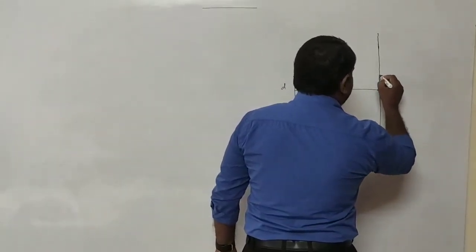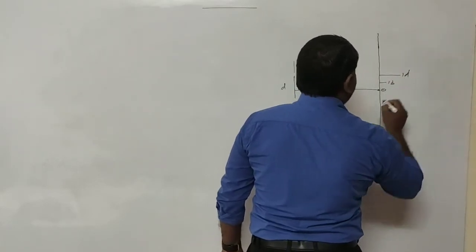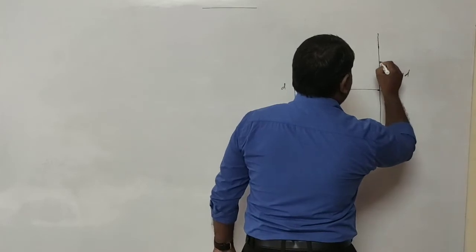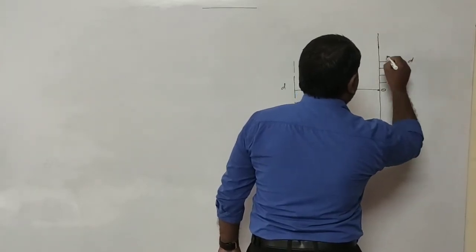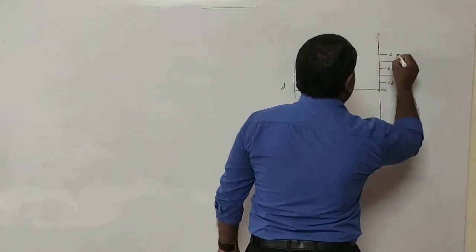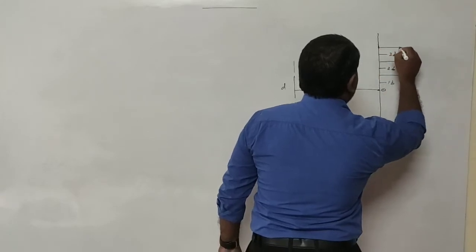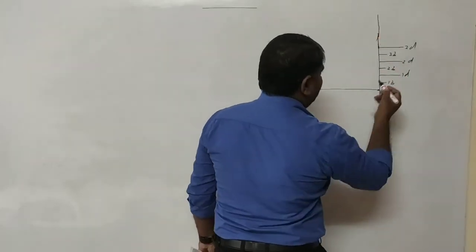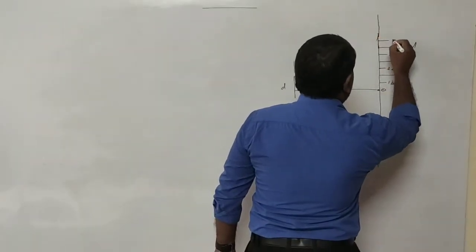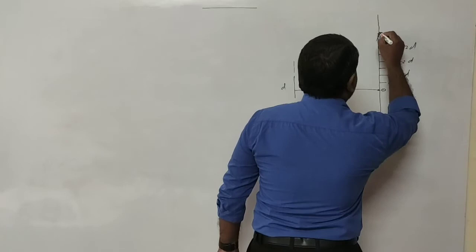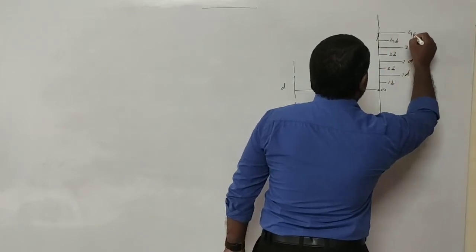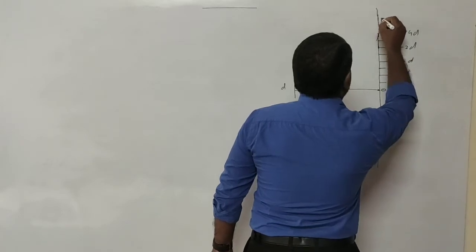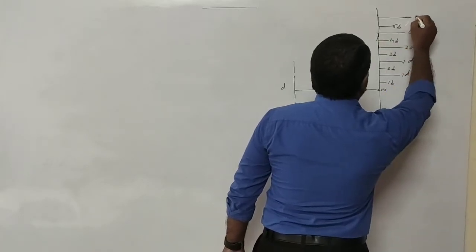Next one is the first dark band, then the second bright band, the second dark band, the third bright band, and here the third dark band. Like that you can continuously write down. Next is the fourth bright band and the fourth dark band, then the fifth bright band, and here you get the fifth dark band.